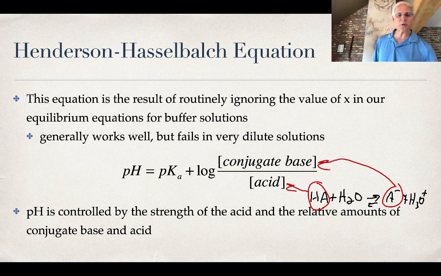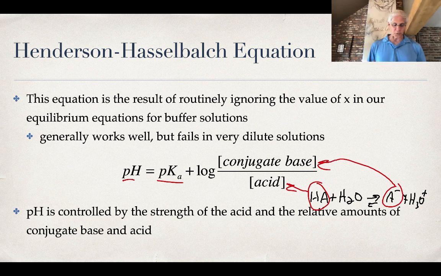So the log term in the Henderson-Hasselbalch equation is still products over reactants, just like our equilibrium expression, and that's where it comes from. Okay, so we have pH is equal to the pKa, so we take the negative log of the Ka of the acid, plus the log of the conjugate base over the acid. So the concentration of the conjugate base over the concentration of the acid.